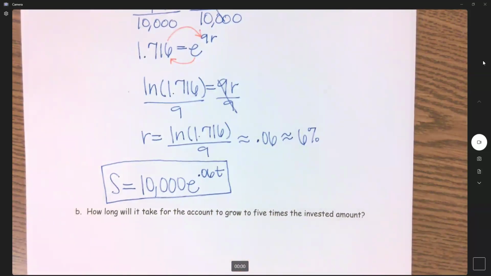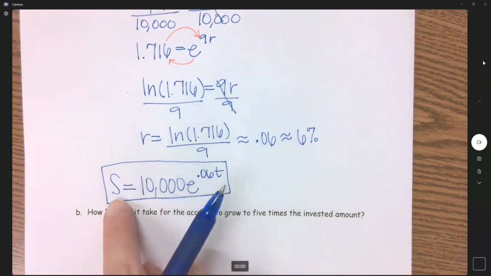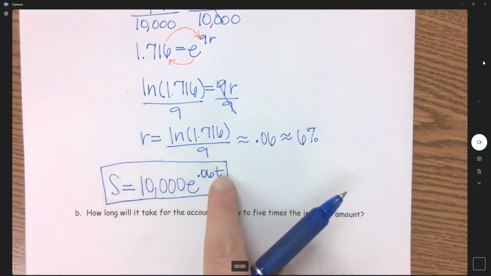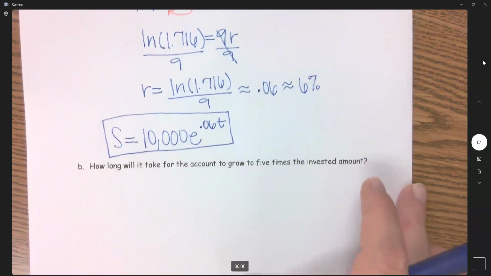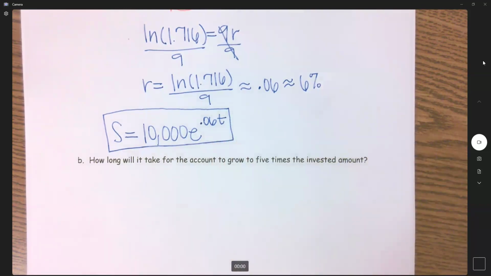Okay, now that I have a formula based off of this information, I can find any number of time if I know the future amount, or if I know the future amount, I can figure out my time. So it wants to know how long, so that tells me I'm solving for time. How long will it take for the account to grow 5 times the invested amount?